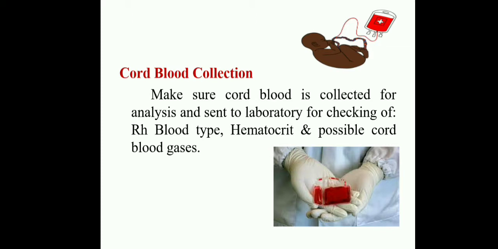Why are we checking? If Rh incompatibility is there, such as the mother having a negative group and the father a positive group, Rh incompatibility is present. Because of Rh incompatibility, the first baby may live, but a second baby may have abortions, congenital malformations, or other problems. To prevent that, we should check the cord blood.